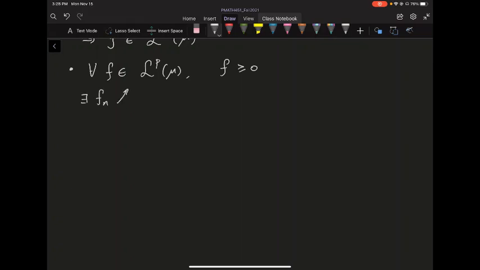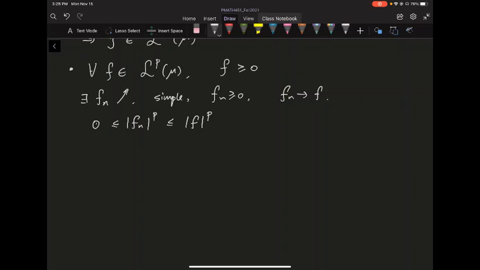We have already seen this kind of trick multiple times. They're increasing, simple, non-negative, and they converge to this f. And because they converge pointwise, each of these raised to the power p is less than or equal to f raised to the power p.